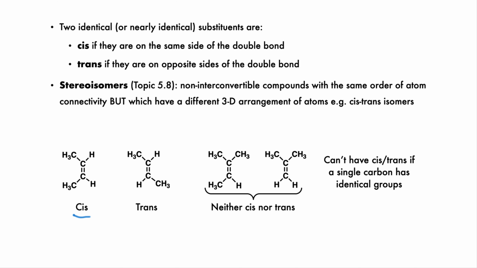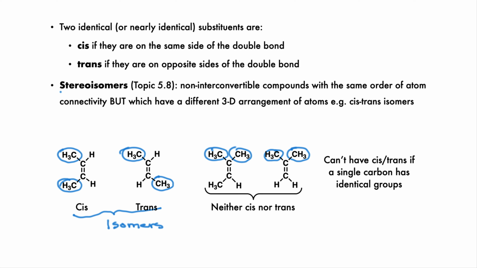Because substituents on a double bond are locked into position, you can get cis-trans isomers, which are unique, non-interconvertible molecules. If 2 identical or nearly identical substituents are on the same side of the double bond, they are cis. If they are on opposite sides, they are trans. You can't have cis-trans isomers if you have the same groups on a single carbon.